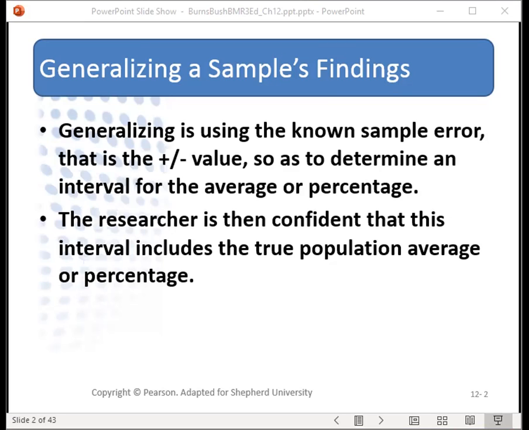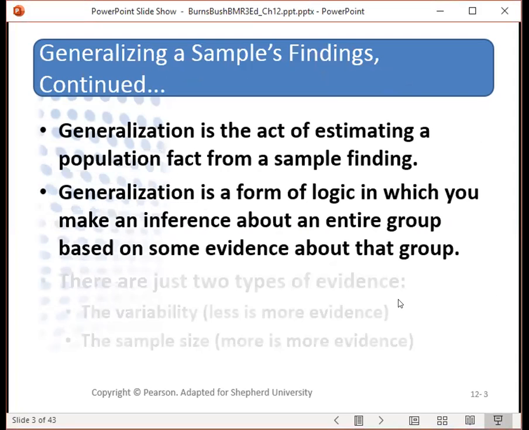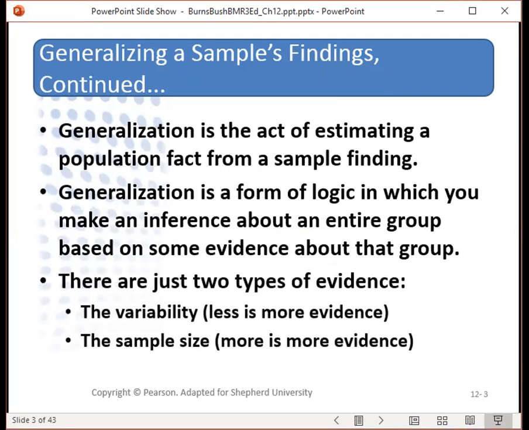We run another 1,000-person sample, we're going to get slightly different statistics. So generalizing is estimating a population fact from a sample finding. We'll be making an inference about the entire group based on some evidence, but not complete evidence about that group.